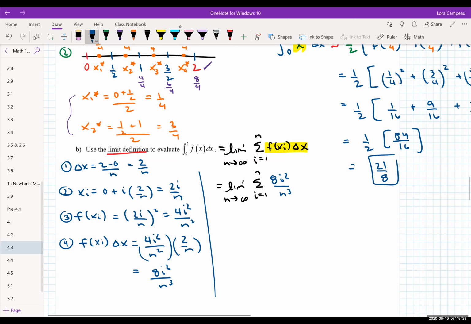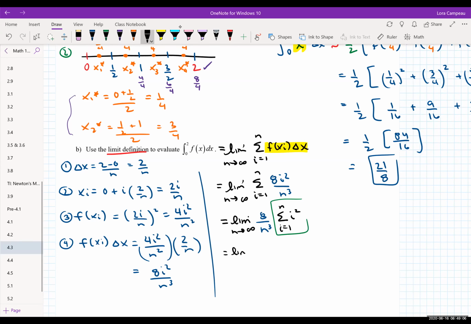Then what we end up doing for ourselves, we can factor out items in front of the summation that do not involve i. So this is where we see ourselves factoring out 8 over n cubed. But we still have the summation of i equals 1 to n of i squared. And that piece right there, we have the nice formula for that.